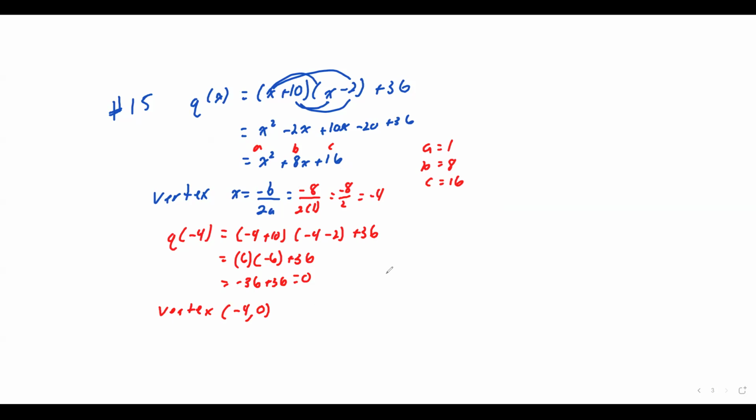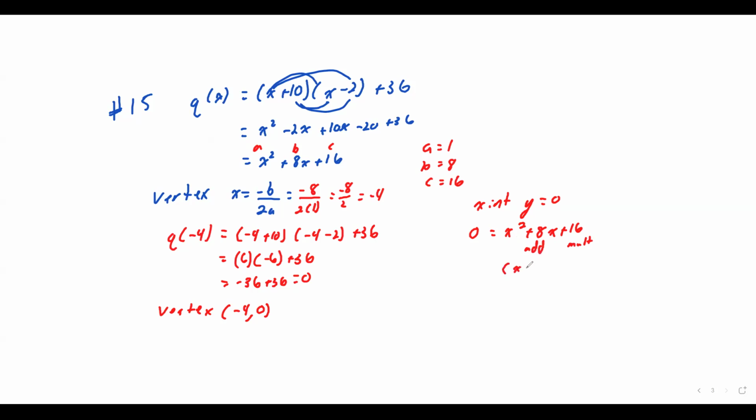Once you have your vertex, go find your x-intercept. Again, that would be where y equals 0. So this is 0 equals x squared plus 8x plus 16. I try to factor first. Two numbers that multiply to 16 and add to 8 would be 4 and 4.